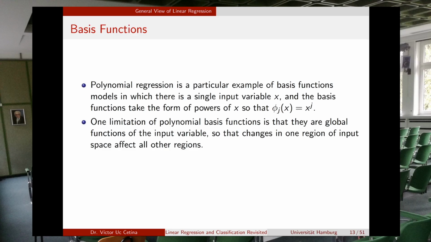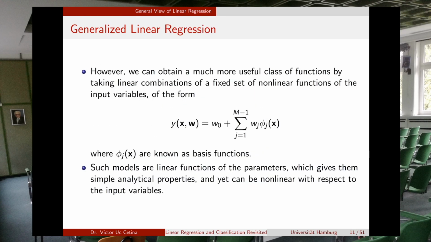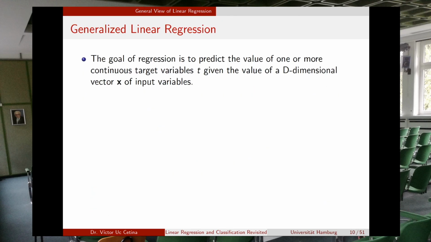This is because it's a global function of the input variables, so that changes in one region of input space affect all other regions. So let me go back to a plot of the polynomial, so maybe I can explain this a bit better.